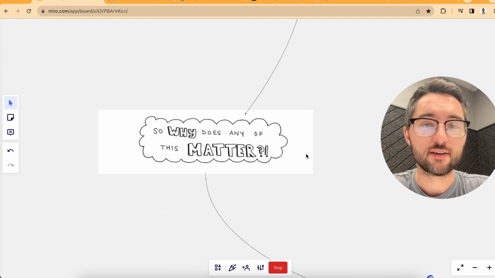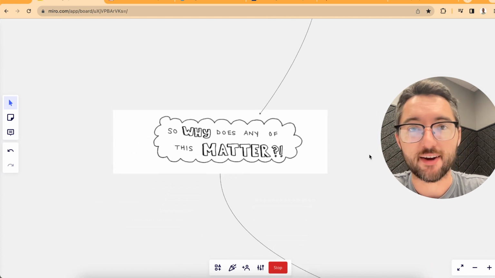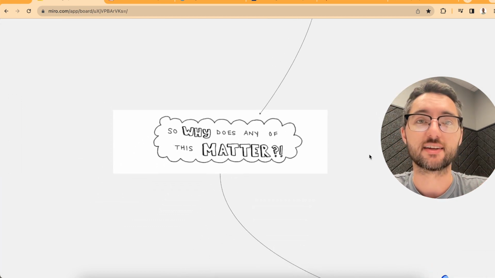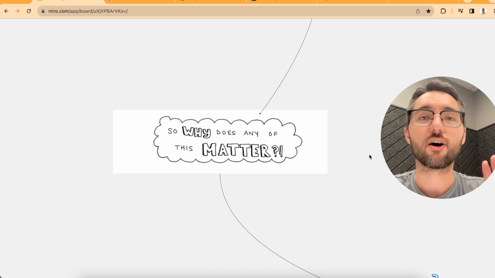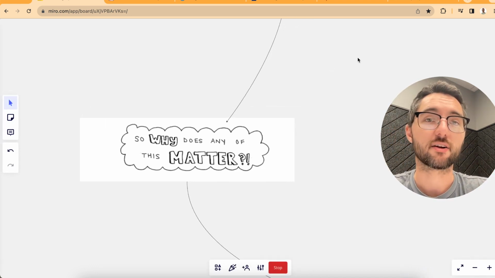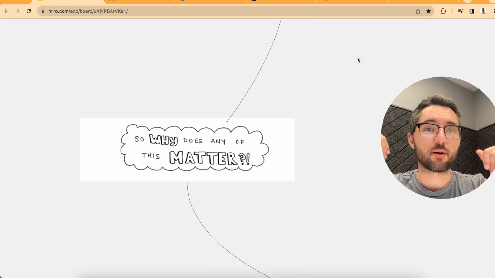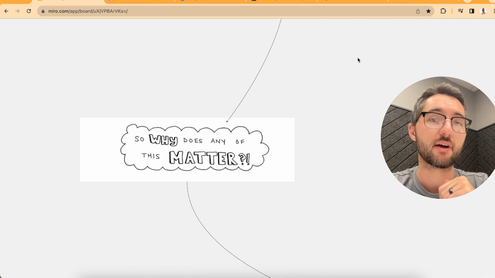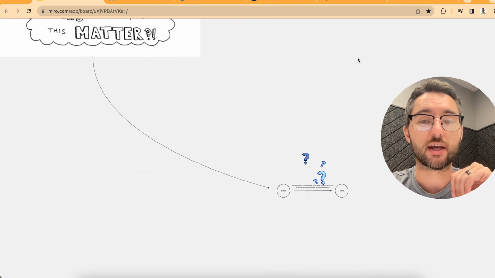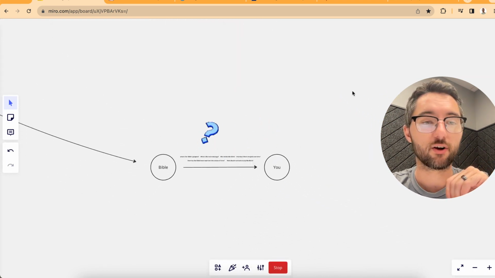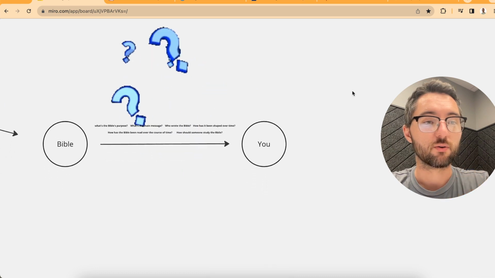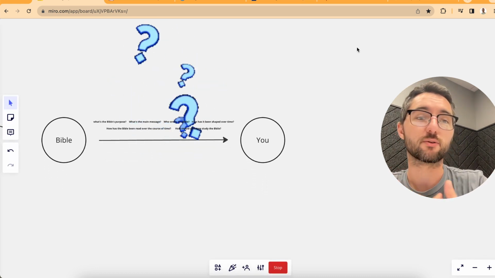So why does any of this matter? Why does the context and the Bible being a unified story and all these assumptions, why does it matter? Well, it matters because the way that we conceive of the Bible is going to, again, affect the way that we read it. And ultimately, we're all here hoping that the Bible would speak to us, right?